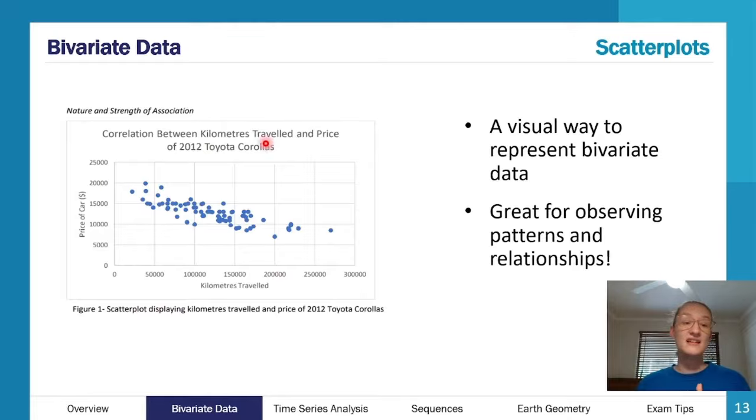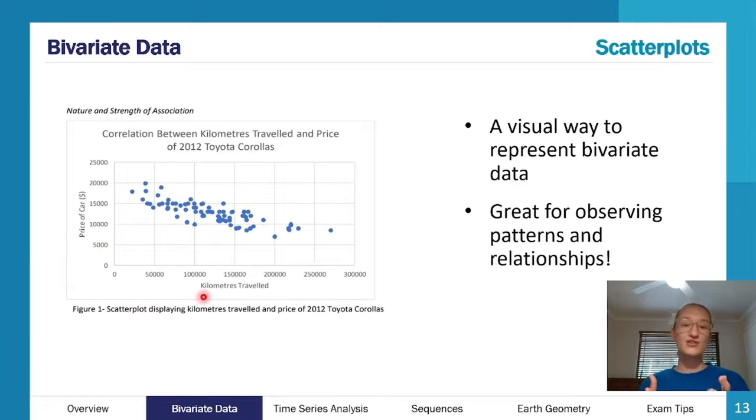A few key things in scatter plots: make sure the title is always really important. And again, we're usually talking about correlation in scatter plots. So I've called this correlation between kilometers traveled and price of 2012 Toyota Corollas. It's fairly standard form that you put your explanatory variable on the axis down the bottom, and the response variable goes on your vertical axis, your y-axis.